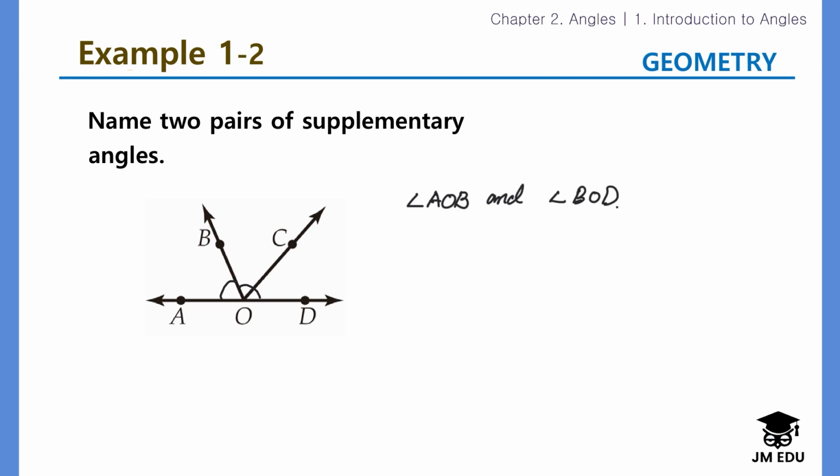That's one pair. And we could have angle AOC from here to here and angle COD from here to here. Sum of these two angles is 180, right? So we can have angle AOC and angle COD. These are two pairs of supplementary angles.